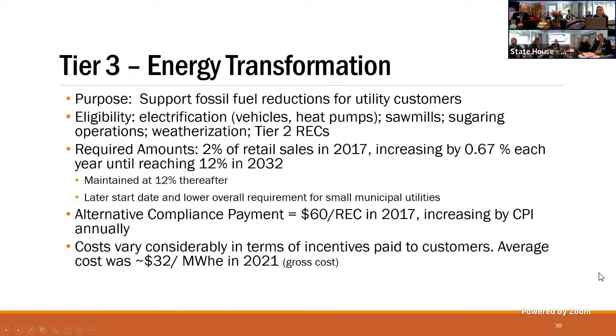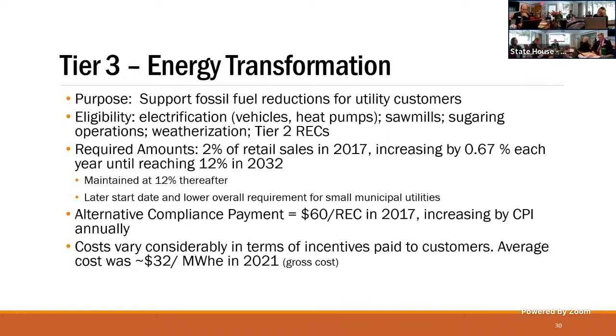Go ahead. So question around the tier 2 RECs being eligible in tier 3. Could it go the other way? What would be the impediments to it going the other way, or the factors to consider? So tier 3 being eligible in tier 2.